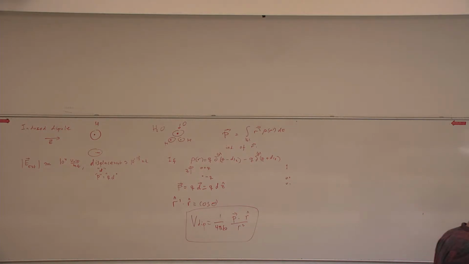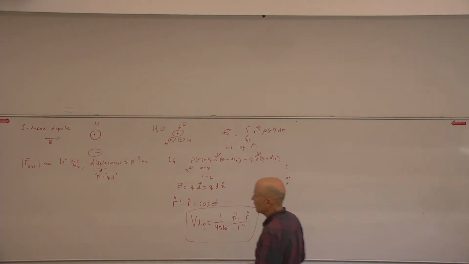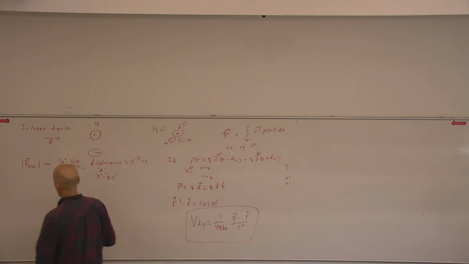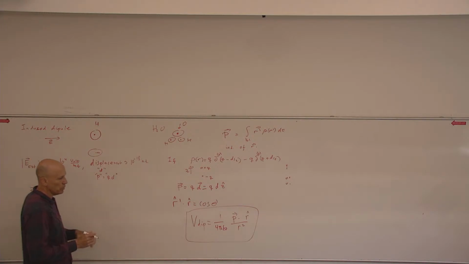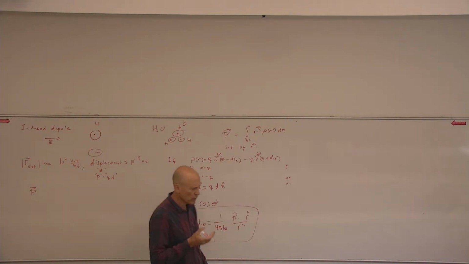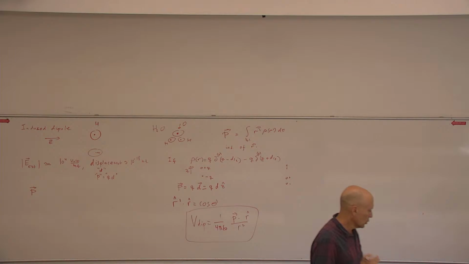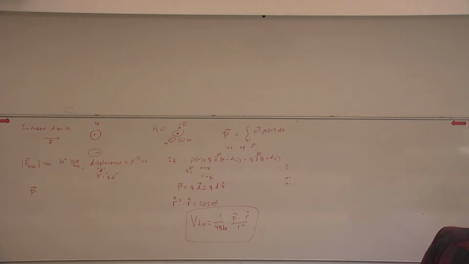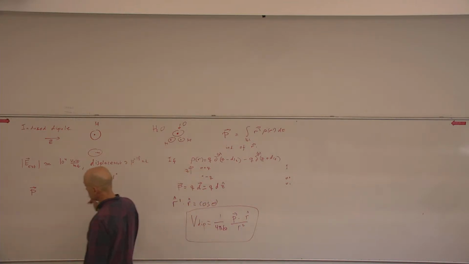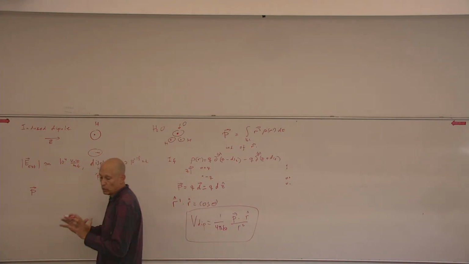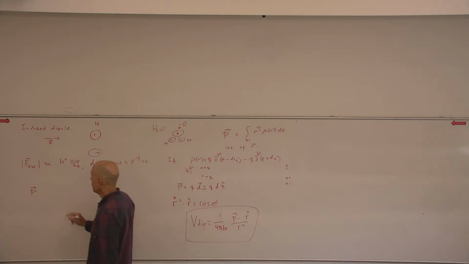So we need to define some object that will make it more quantitative. So we have the dipole moment of the atom. It doesn't have to be hydrogen. Beryllium, whatever, any atom which is spherically symmetric, so it has no dipole without a field.